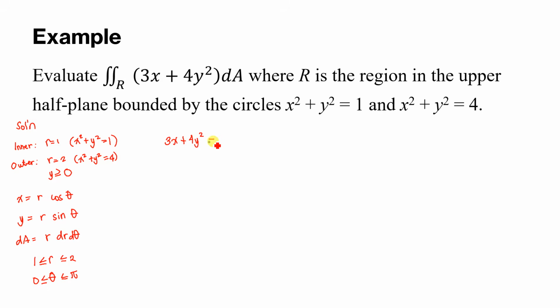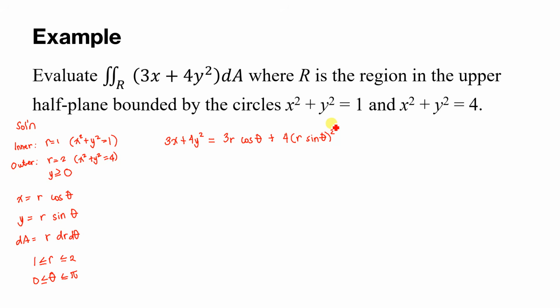So this can be expressed as, our x is r cosine theta, so you have (3r cosine theta plus 4 r sine theta) quantity squared.